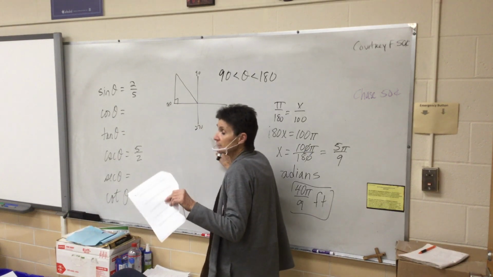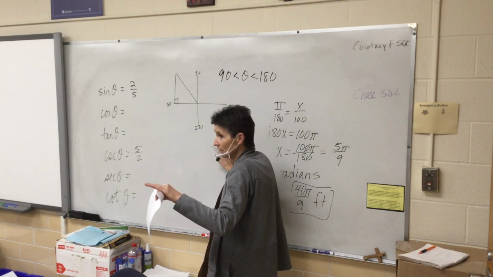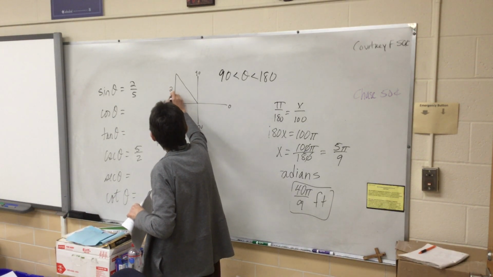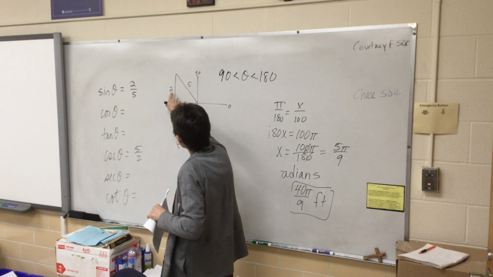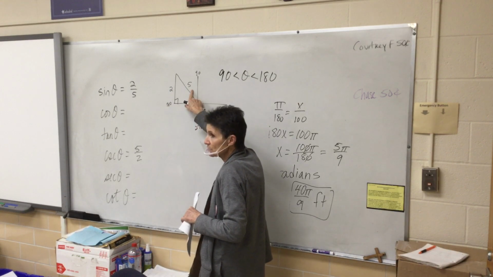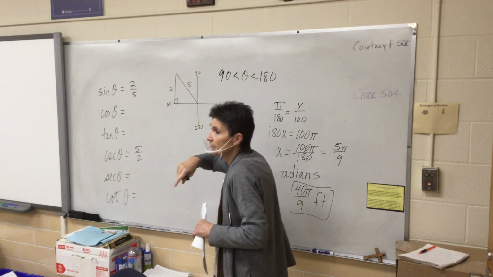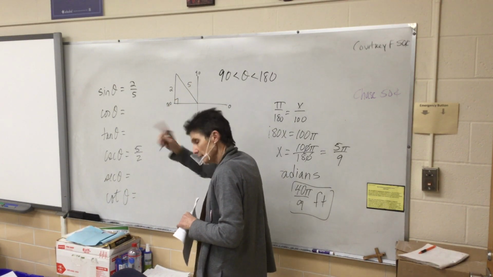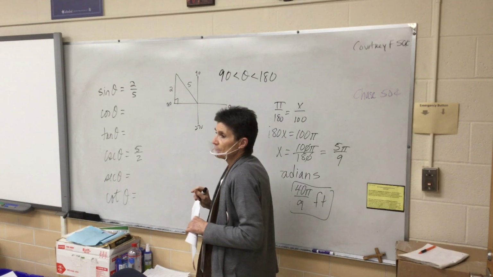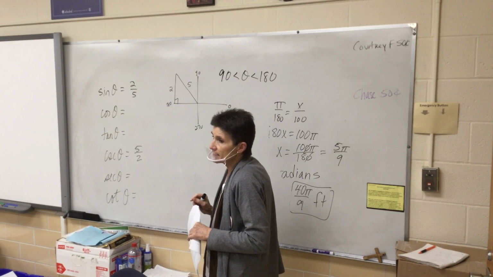Now, Ella, since I have my triangle, I'll make 2, 5, opposite, hypotenuse, and now I'm going to do the Pythagorean theorem. So you would do x squared plus 2 squared equals 5 squared? Exactly. Tell me what you get, Ella, when you get that worked out.